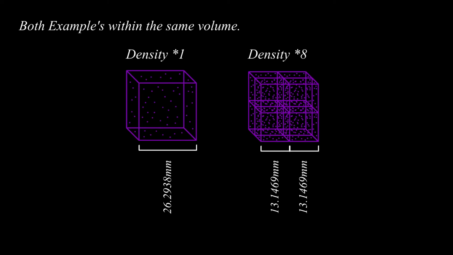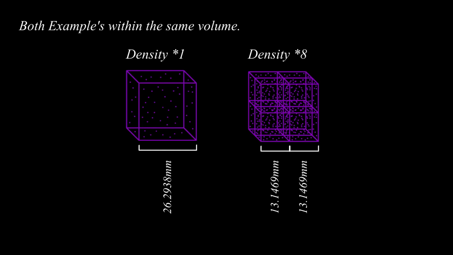And what's happening here is that as per the octave, the law of octave, there is also law of octave with density and stacking density. So say if we have one wavelength to the left, which is 26.2938 millimeters, and we move to the right, and instead of having a wavelength of 26.29 millimeters, we've chosen to have a wavelength of 13.1469 millimeters, which is half of 26.2938 millimeters.